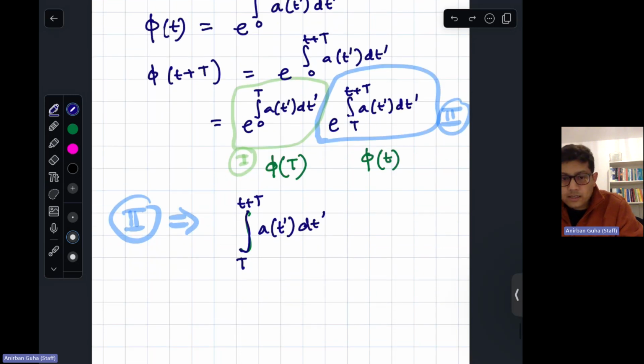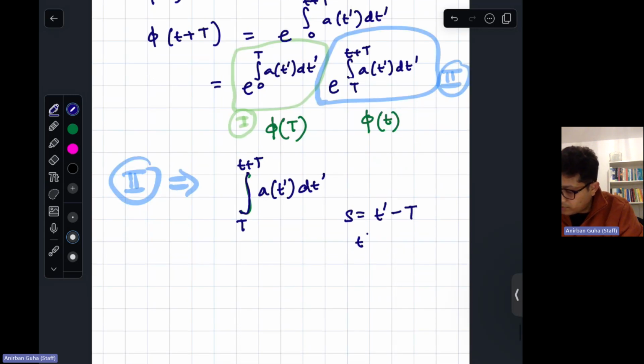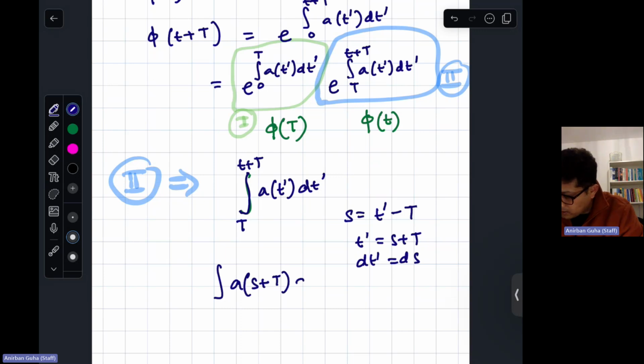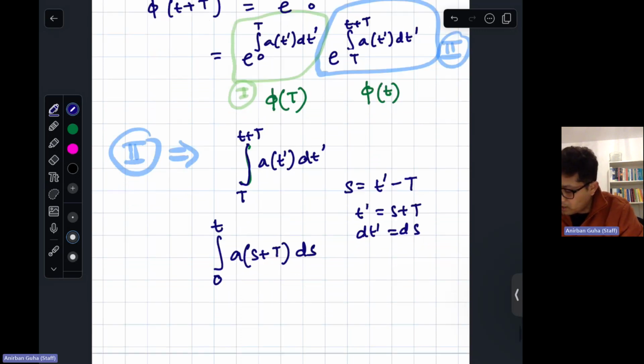Let's use the method of substitution. Call it s equals t prime minus capital T, which means that t prime is s plus capital T. So dt prime is simply ds, and the limits turn out to be from 0 to t.